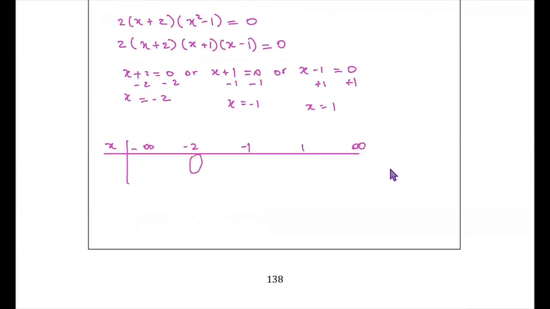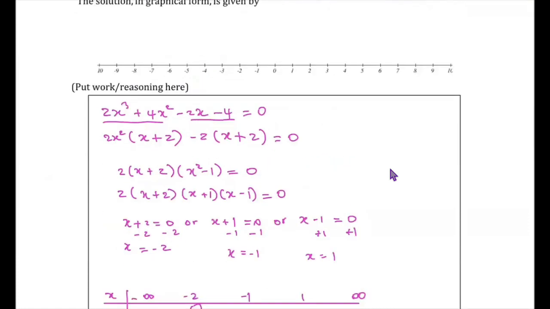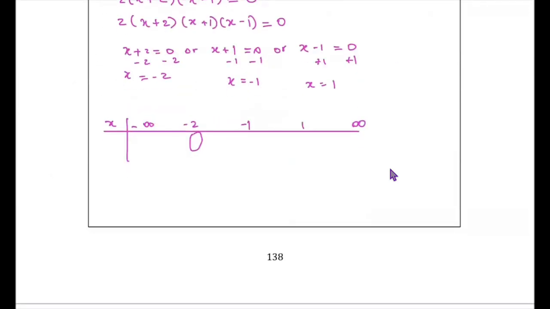The expression 2x to the third plus 4x squared minus 2x minus 4 is 0 when x equals -2, 0 when x equals -1, and 0 when x equals 1.